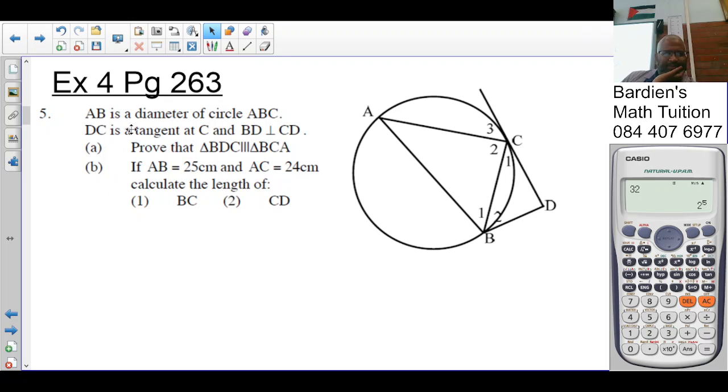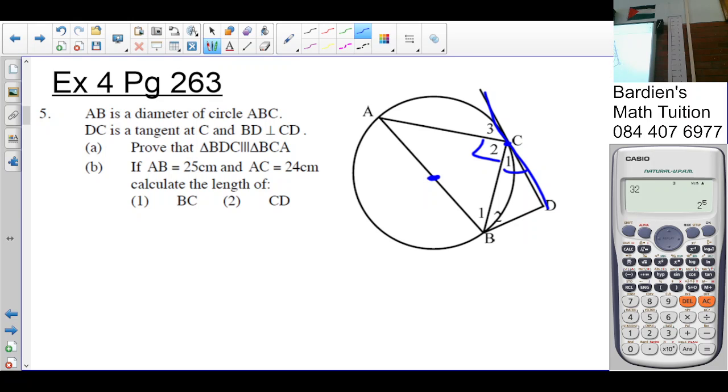But we are told that AB is the diameter of a circle. So if AB is the diameter of the circle, what do we know? This is the diameter. What do we know? C2 is 90. Why? Angle in a semicircle. Not so. DC is a tangent at C. If there's a tangent, what do we know?